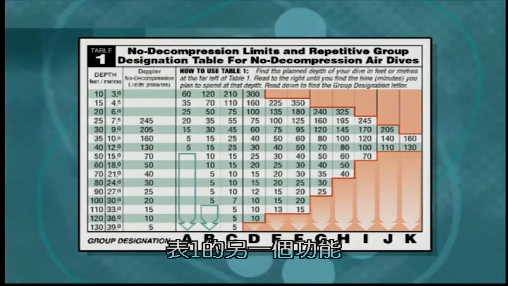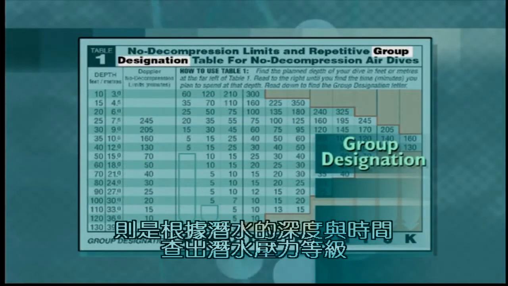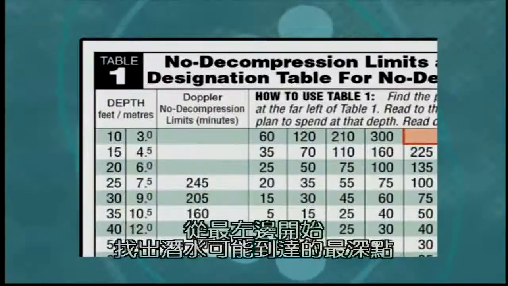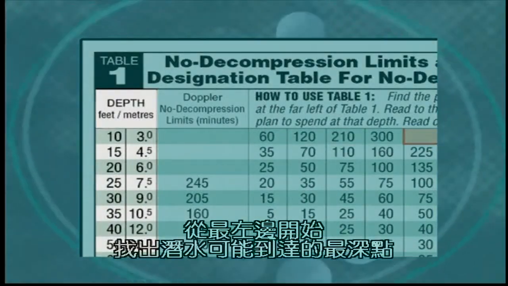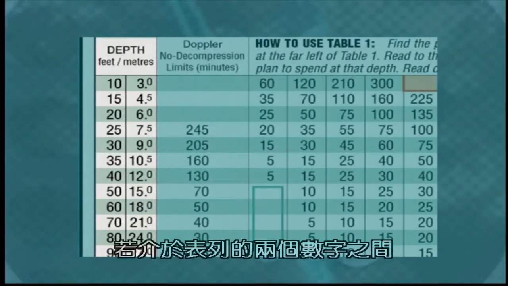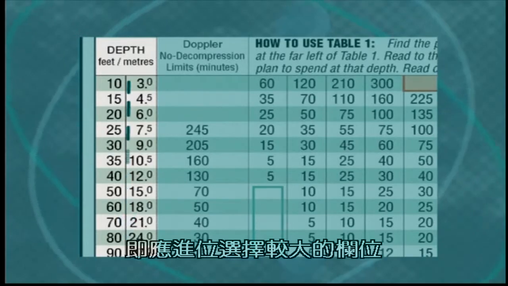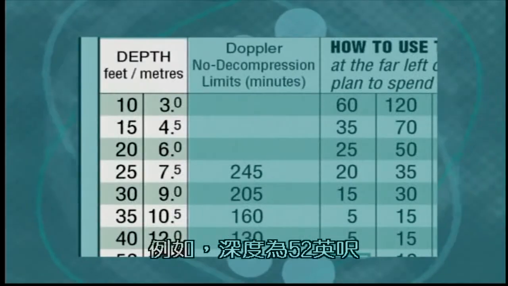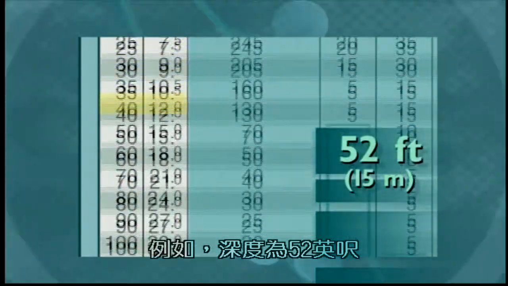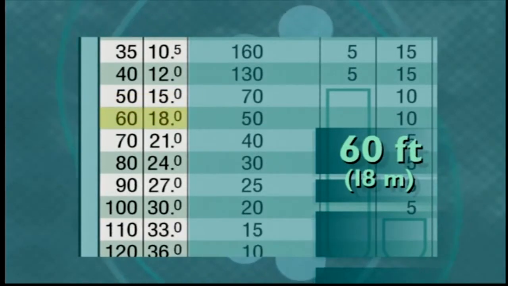The next function of Table 1 is to assign a group designation depending on how long a diver has been at a depth. Starting at the far left, find the deepest point of your dive. All numbers on the table are designed so that if a depth or time falls between listed numbers, it is rounded up to the next greater number. For instance, if you have been diving at 52 feet, you will read for 60 feet, or 18 meters.